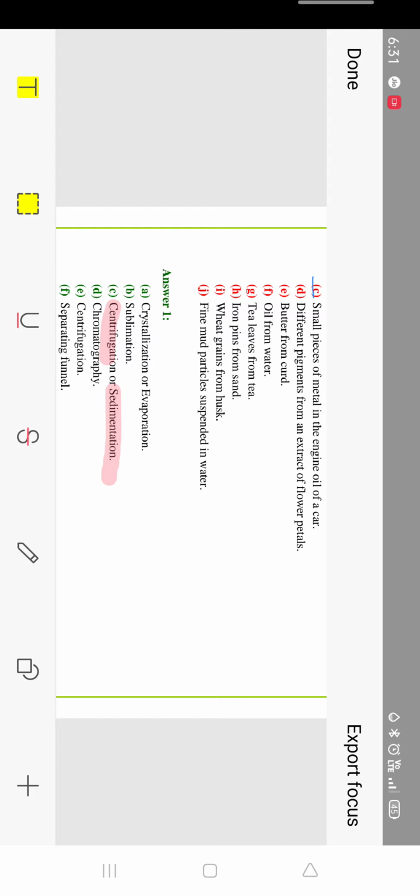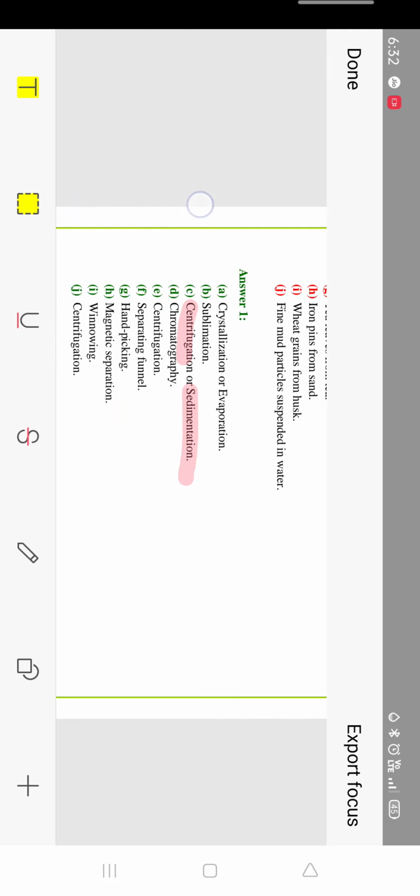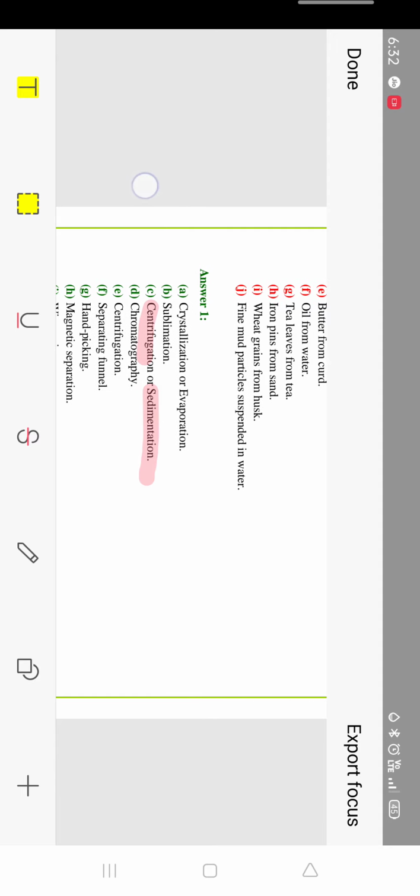Oil from water, separating funnel, because these two are immiscible substances, so by the separating funnel we can easily get these two different substances. Next is tea leaves from tea. For this we use the filtration technique.